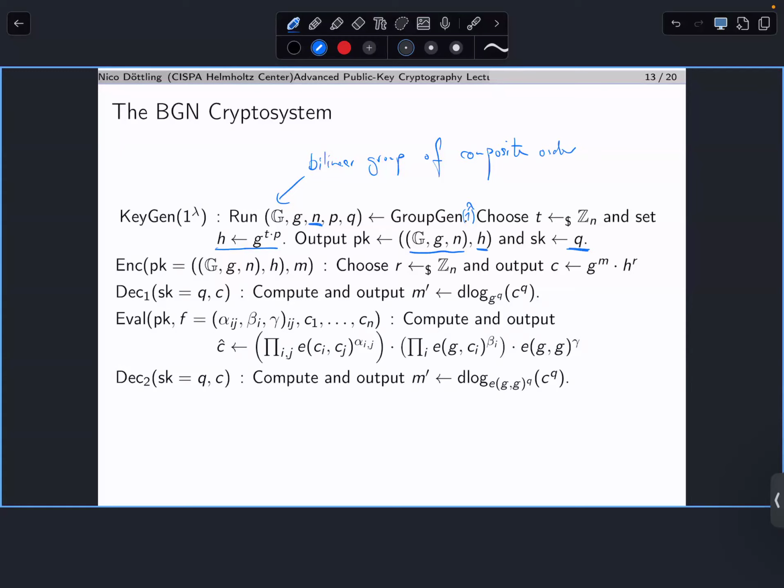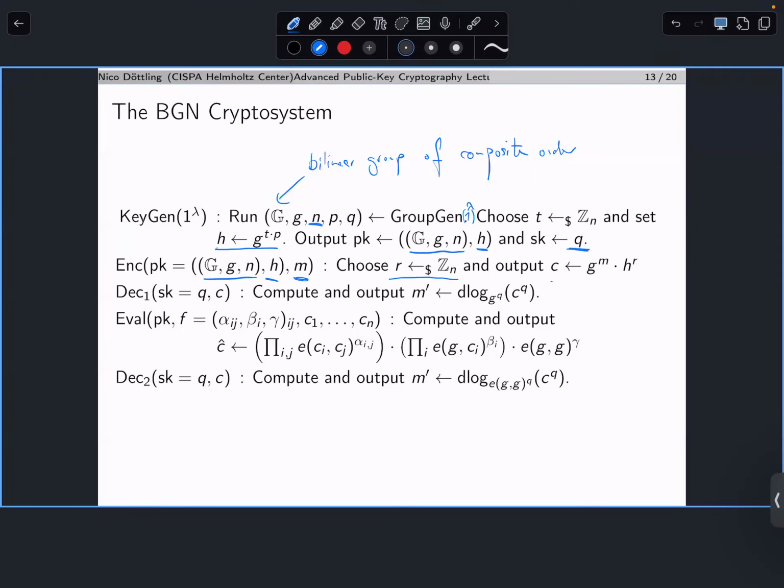Okay, so how do we encrypt? Well, encryption is again surprisingly simple. Given the description of this group, this element H and a message M, we just choose a uniformly random R from Zn, and recall once more that since N is public, we can do that efficiently.